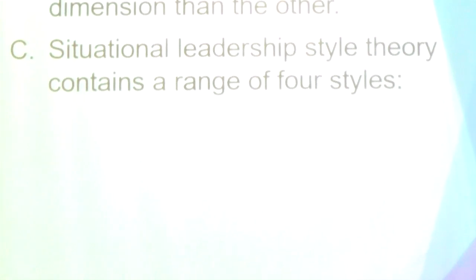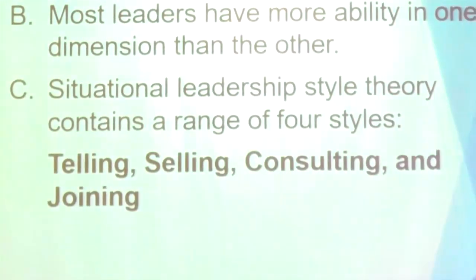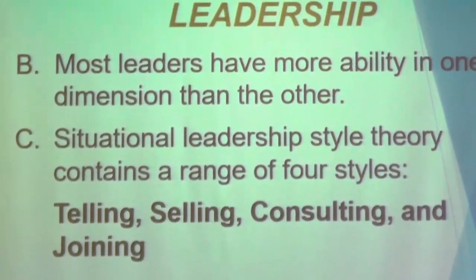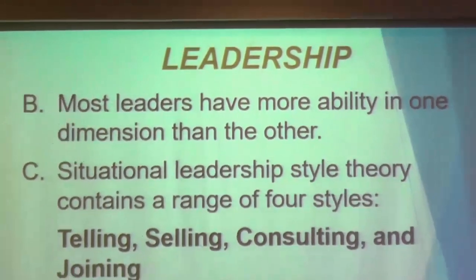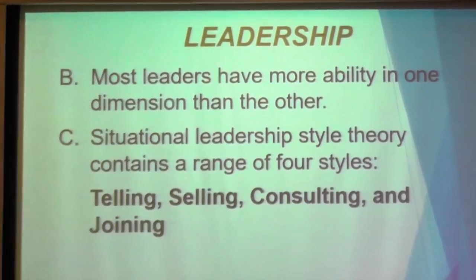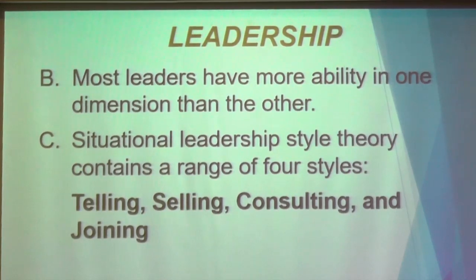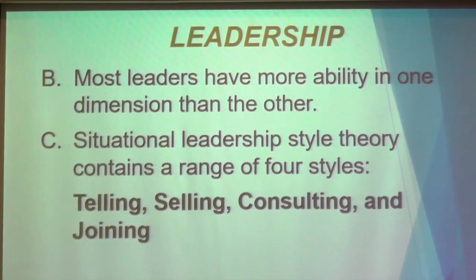Situational leadership style theory contains a range of 4 styles. This is the theory of situational leadership, which is telling, selling, consulting, and joining. So, leadership style of telling, leadership style of selling, leadership style of consulting, and leadership style of joining.